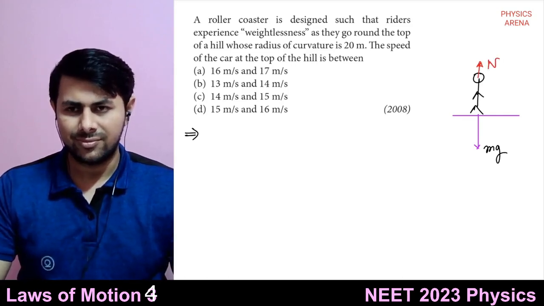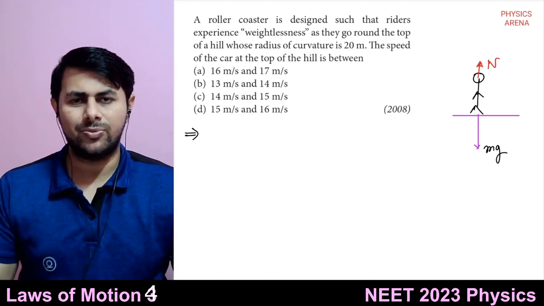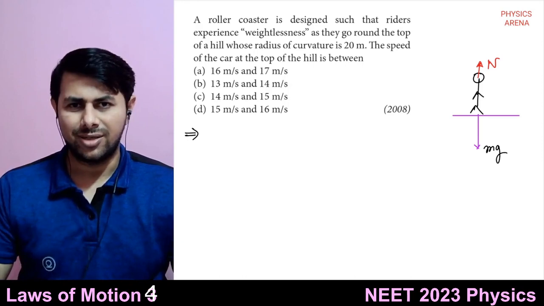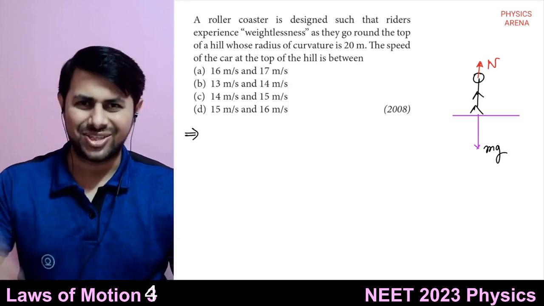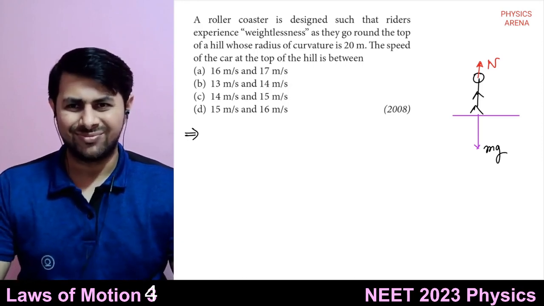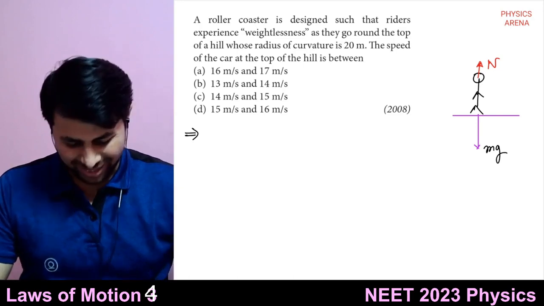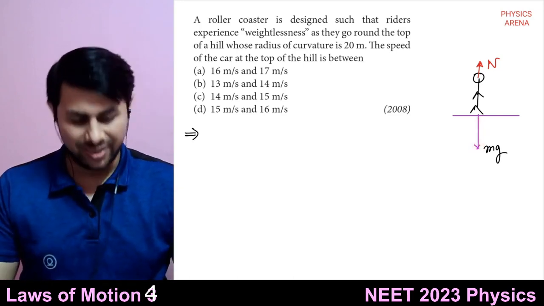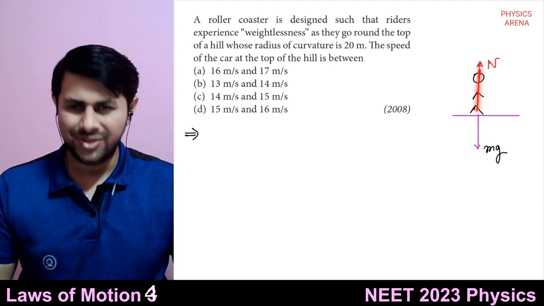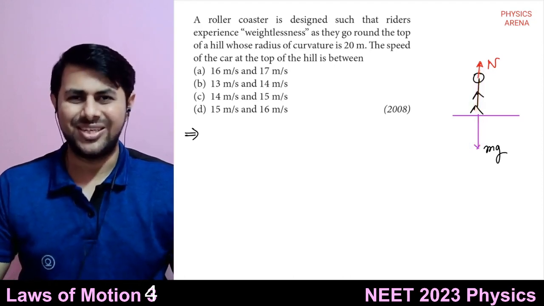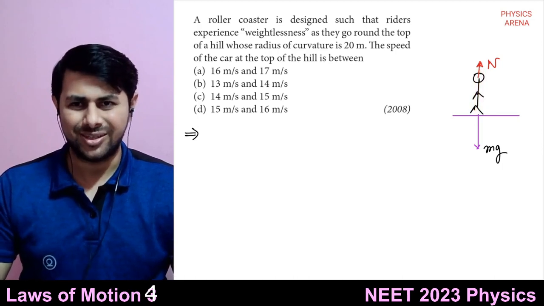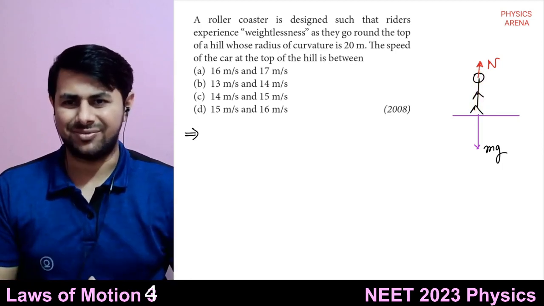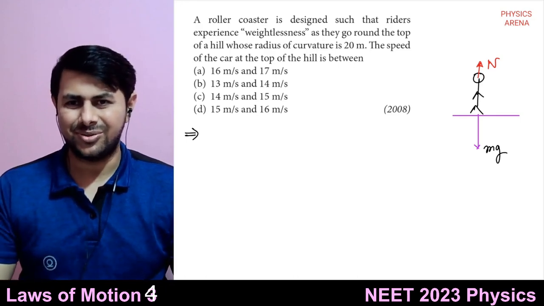So we feel the weight because of the normal reaction, not because of the gravitational force. Actually, the normal reaction is also because of gravitational force. If gravitational force were not present, then the normal reaction would be zero. So in turn, it is because of gravitational force only. But how do we feel it? It's because of the normal reaction. Got this? Yes, no?